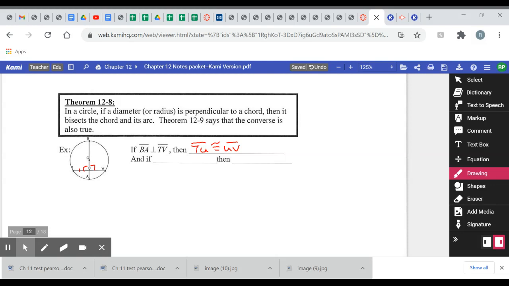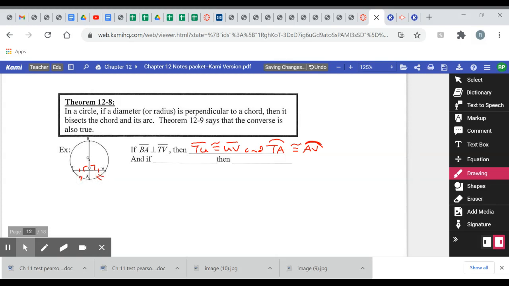That piece is congruent to that piece, and arc TA is congruent to arc AB, referring to that piece and that piece.